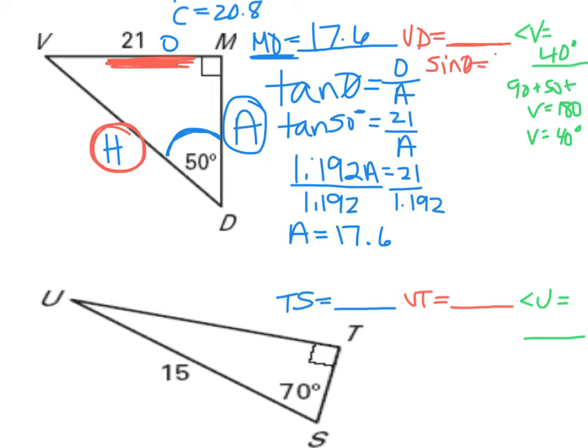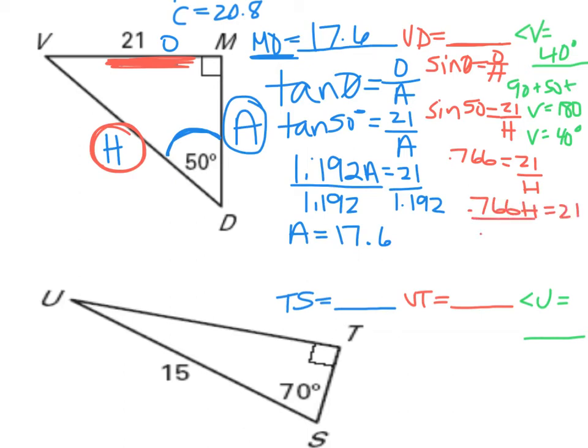Sine theta equals O over H. So sine of 50 is 21 over H. Sine of 50 degrees is 0.766 equals 21 over H. So multiply by H and divide by 0.766. 21 divided by 0.766 is 27.4.